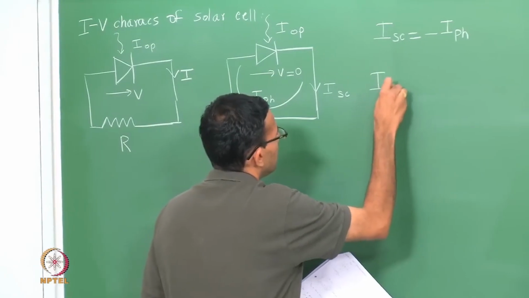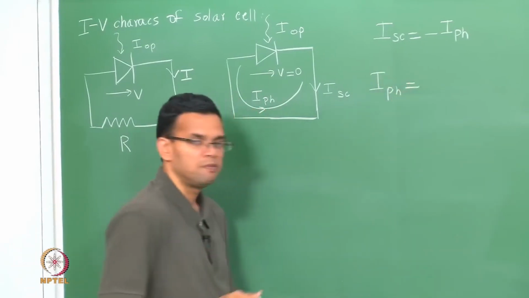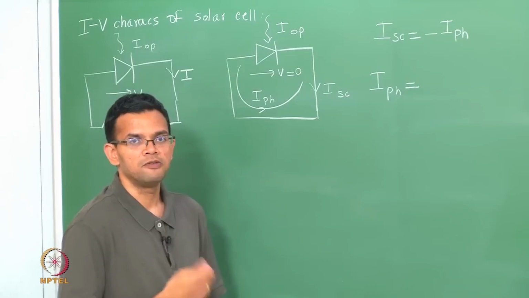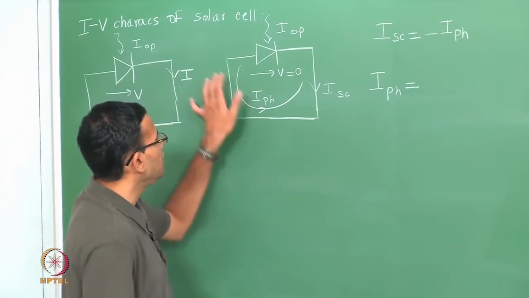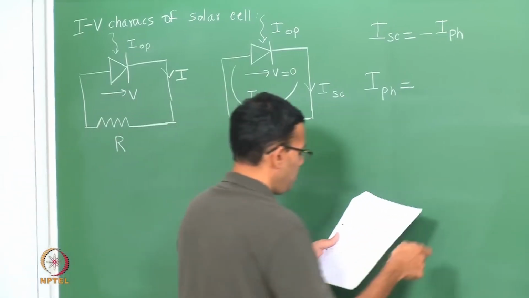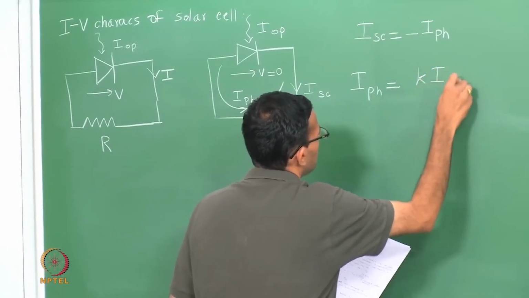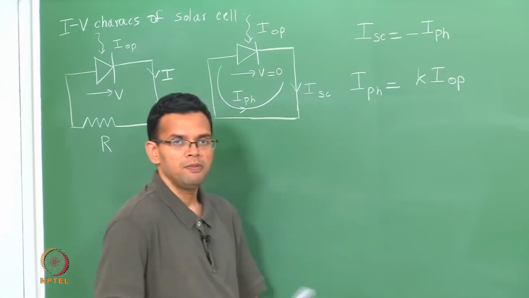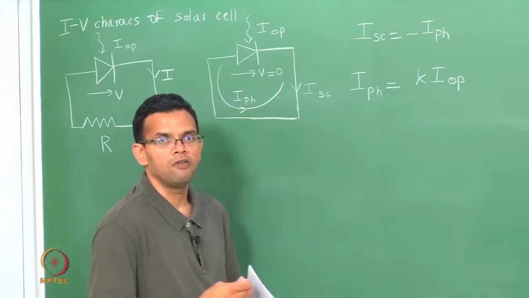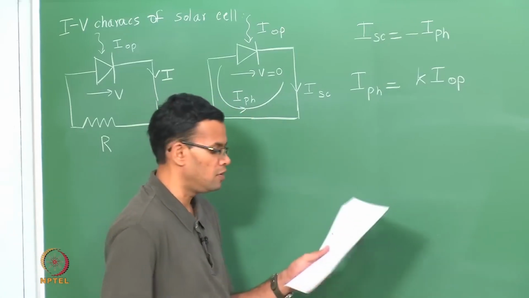IPH. Now, IPH depends upon the intensity of solar light that is shining on your device. So, IPH is usually some constant k times IOP, which is the intensity of the solar radiation shining on the device.